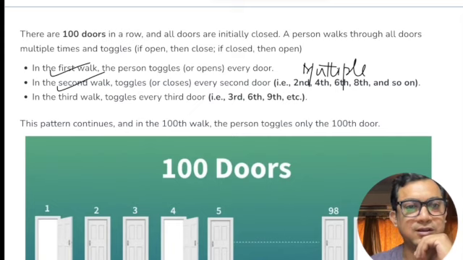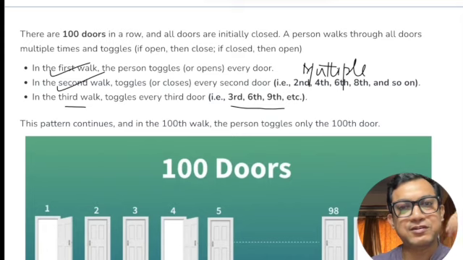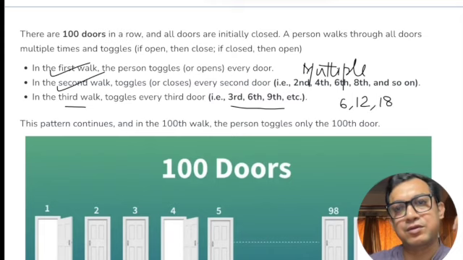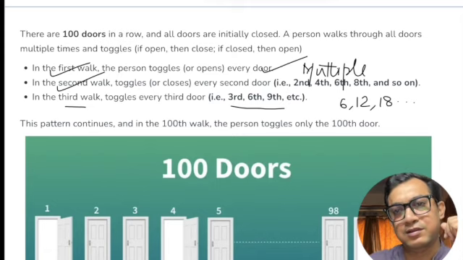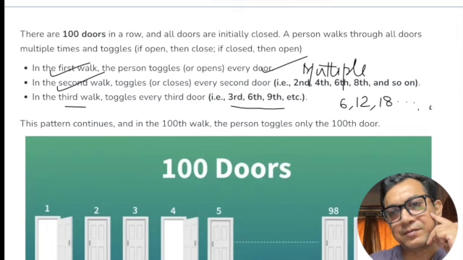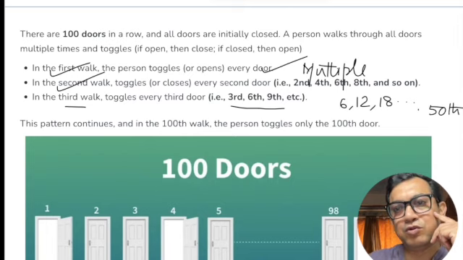So this is the question. The third person will go to the multiples of 3. The sixth person will go to the multiples of 6, so the 6th person will go to 6 and then 12 and then 18 and so on. So 1 visits all the doors, 2 visits the even number doors, 3 visits the multiples of 3. Similarly, the 50th person will visit only 2 doors, 50 and 100, isn't it?